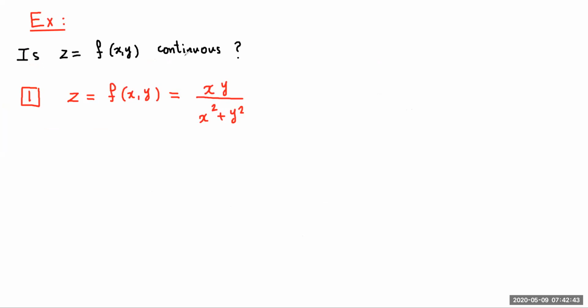Is f continuous? This means, is f continuous at each point in its domain? So here the function f is given like this. What is the domain of the function f? Here the domain of this function f is all the points in the plane R squared without the origin (0, 0). Why?